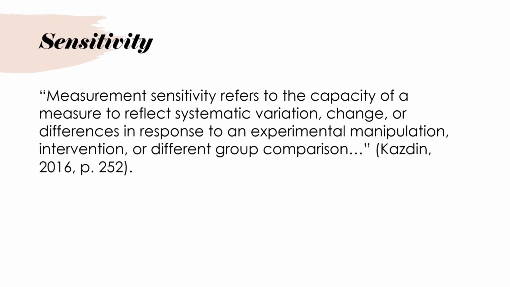If you're going to put this into your own words, what would you say? If you said something like measurement sensitivity allows for a range of responses that reflect changes or differences from participants, that would be one way to answer that question.